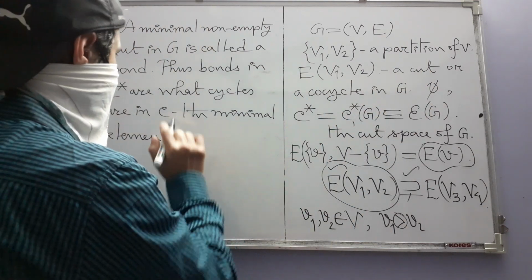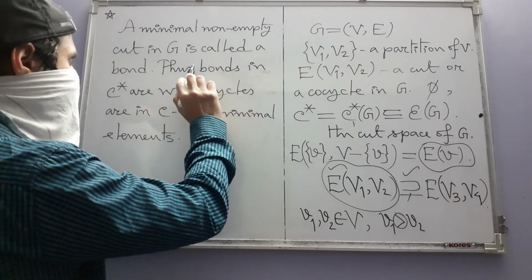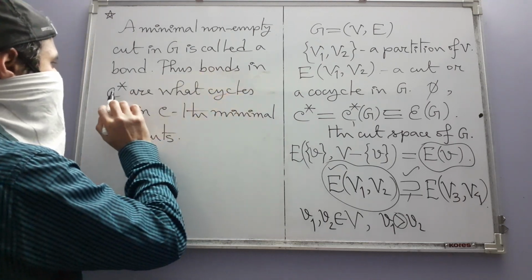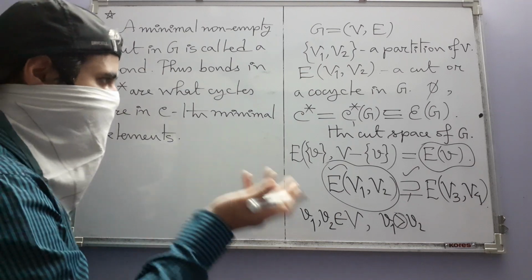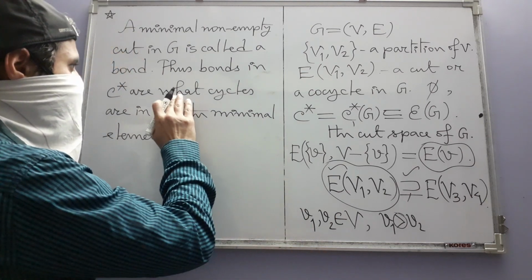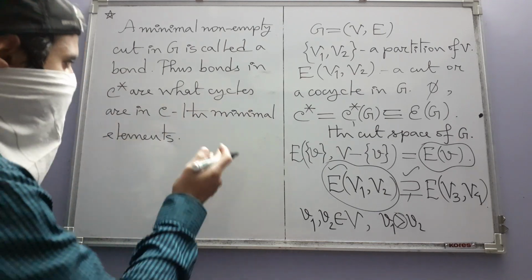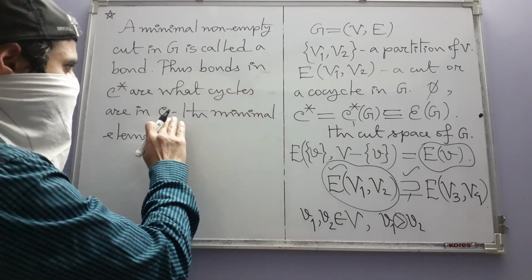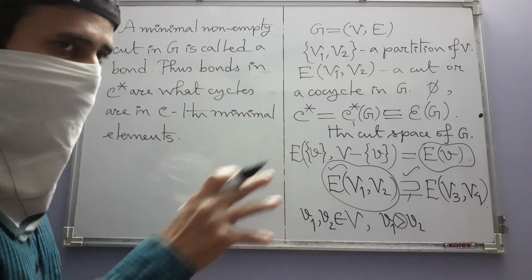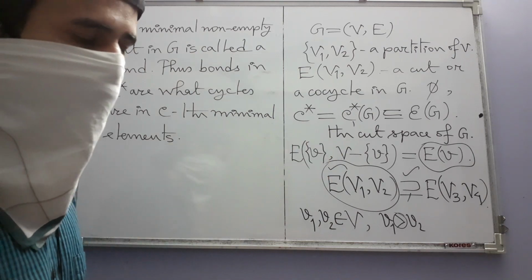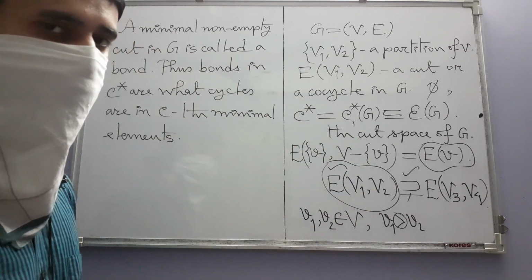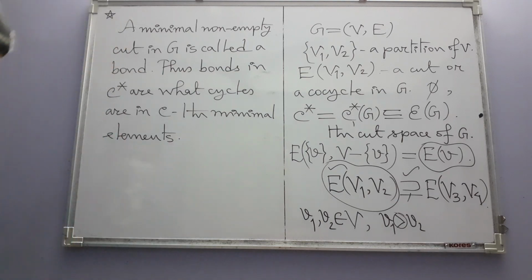So what role the bonds are playing in the cut space, that of being minimal in this respect, that same role is played by the cycles in the cycle space. That is, in the cycle space also the cycles are the minimal elements. You cannot get smaller than that in terms of this containment relation. Okay, so that is the minimum.